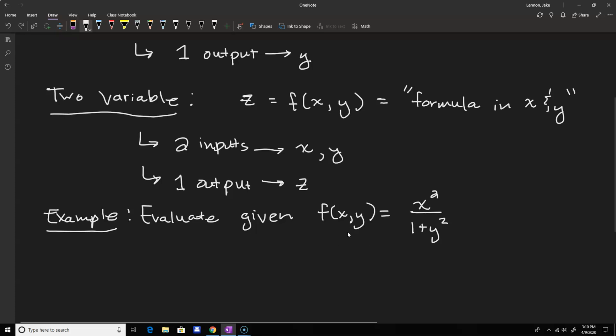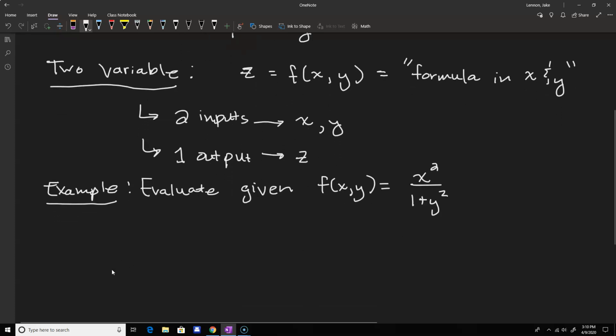Again, our output values when we plug in numbers are going to be z values, and our formula here, x squared over 1 plus y squared, has both inputs involved. So let's say we want to figure out f of negative 2 comma 0. Well, then we take the formula and we just replace x by negative 2 in parentheses, and we replace y by 0. So we end up with just positive 4 over 1, which is 4.